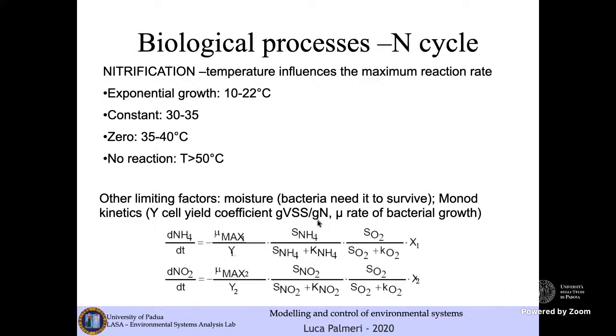Again, these are all Michaelis-Menten-like models. You may recall that we have a dependence of the concentration divided by the concentration plus the semi-saturation factor.